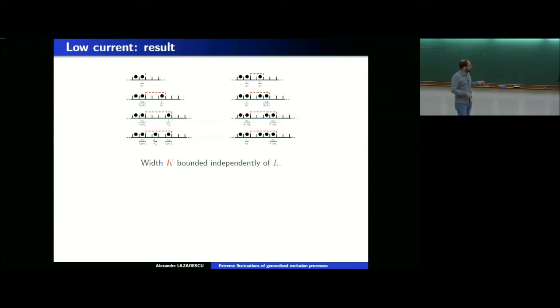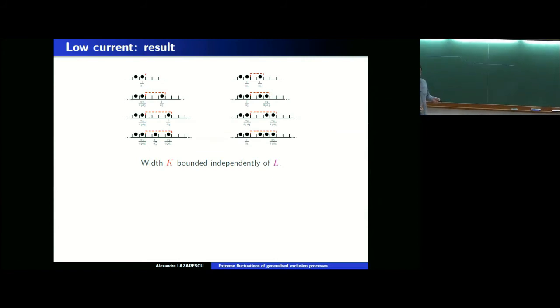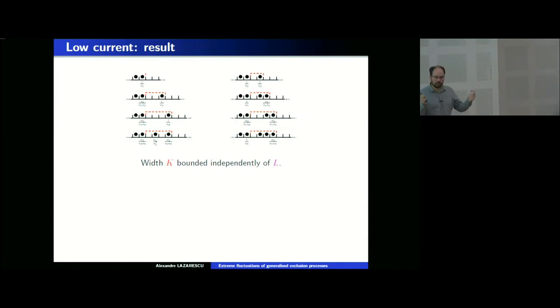I can actually tune the possible configurations in this middle region to be not exactly anything, but at least pretty varied. The important thing is that this region has a certain width, which is smaller than a constant k, which doesn't depend on the size of the system, which means that in the large size limit, this will just be an anti-shock. It will just go from 1 to 0.